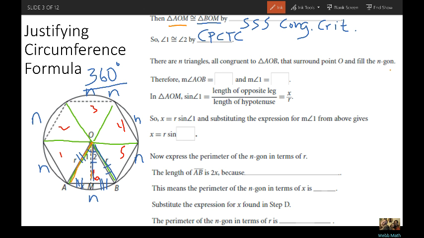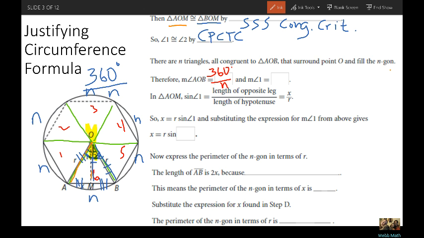So angle AOB, this big huge angle here, just like this whole angle, they're all going to share this common theme. They're going to be 360 degrees divided by the number of sides you have for your inscribed polygon, or n-gon.